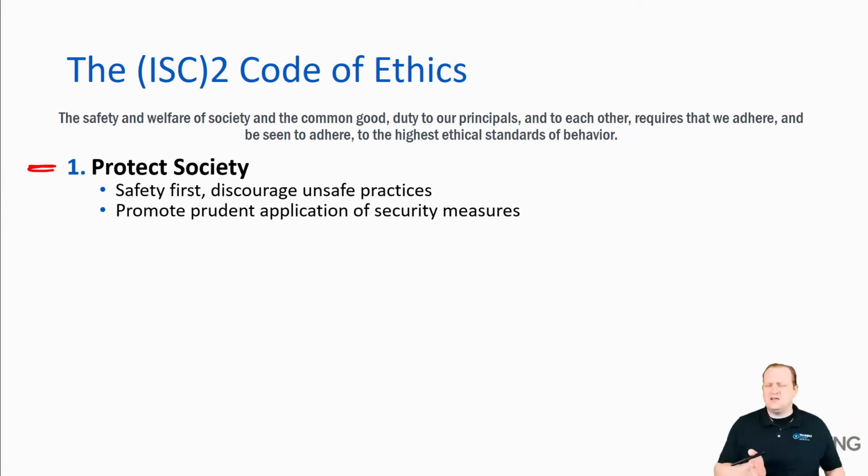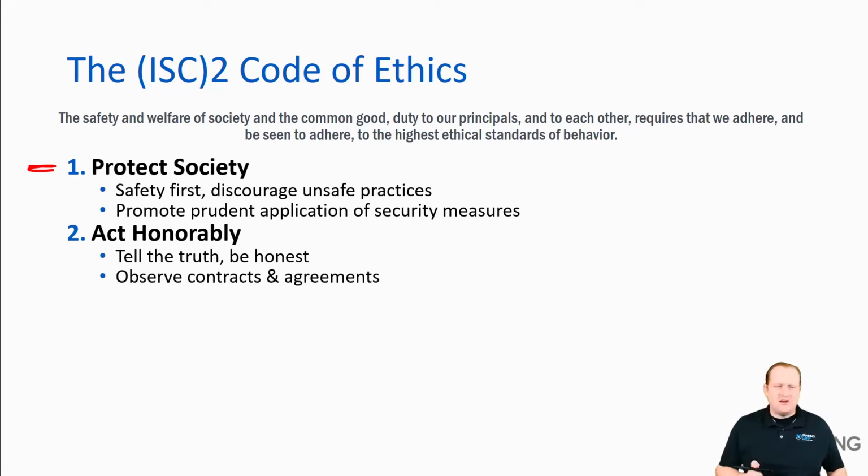It's safety first. Easy to fix a computer, much harder to put a person back together. So safety first, protect society. They then go on to say we should act honorably. We should be telling the truth. We should be honest. We should observe and uphold our contracts and agreements.